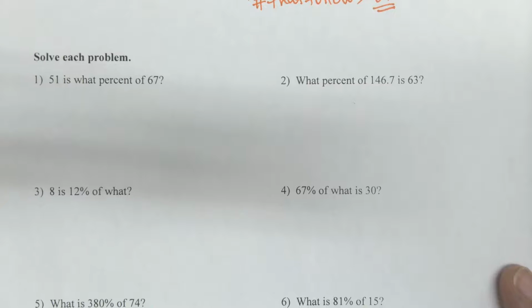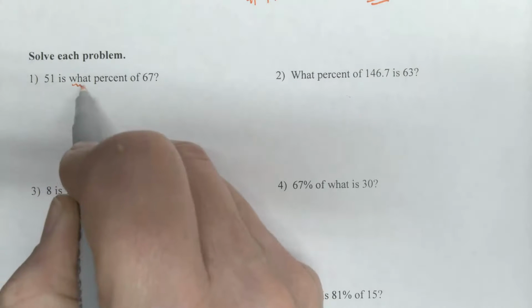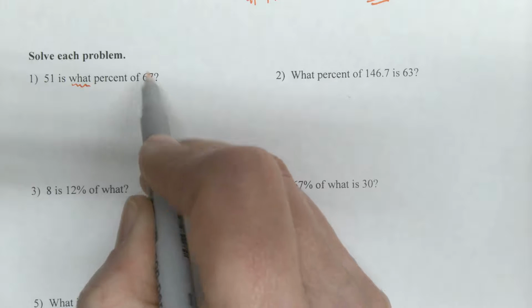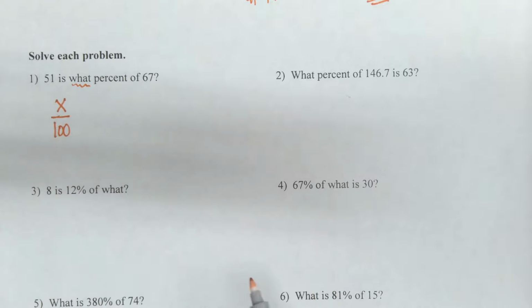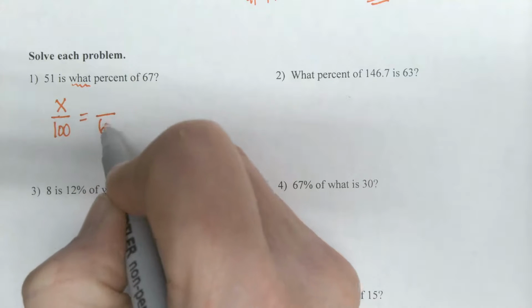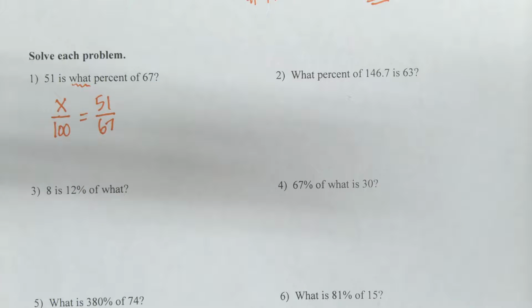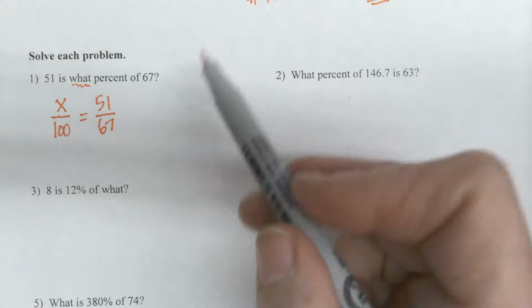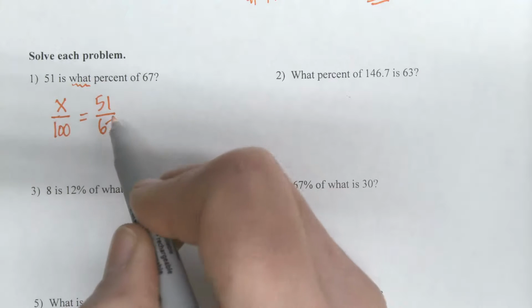So for this next problem, it's 51 is what percent of 67? So the percent goes over 100, but because it's what percent, I don't know what it is. The of is 67, and that remaining number around the word is goes up on the top. And then we can just do our cross products. Because these are nice numbers, I can do it the quick way.